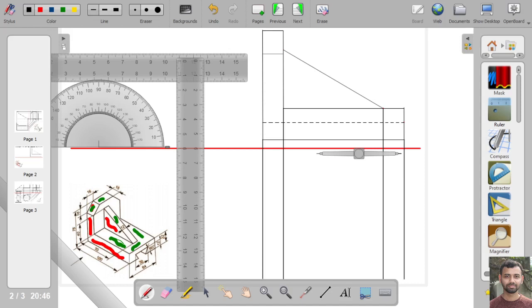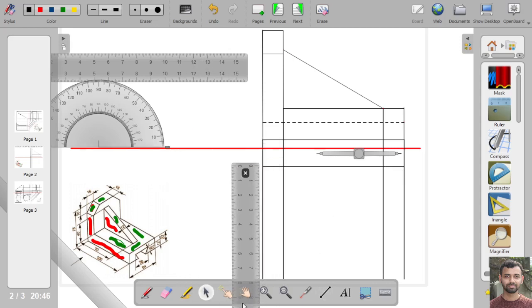so what is the total dimension over here? The total dimension is 64. So the total dimension, this depth, is given as 64. So on this point it will be at a distance of 64.